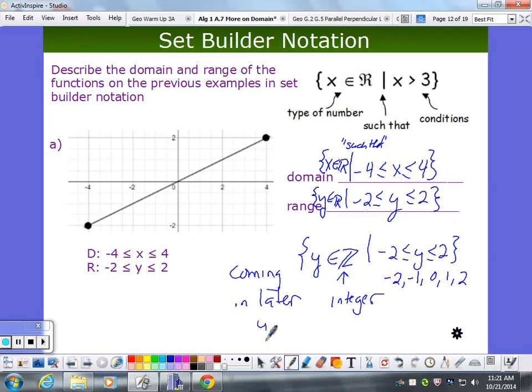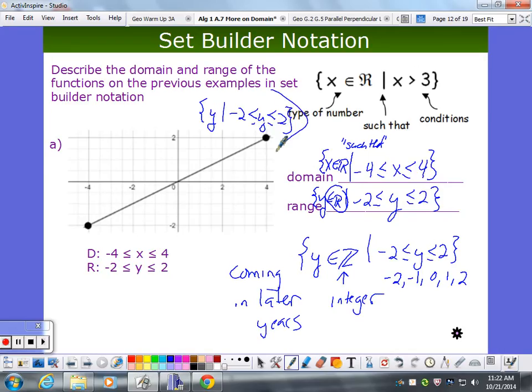So we need to understand the notation now. Y is a real number such that y is between and includes -2 and 2. That includes the fractions, right? Includes all the decimal numbers, all that stuff. Now I think this simplifies it, though you might think it complicates things. This part here, if you leave it out, it assumes you mean real number.